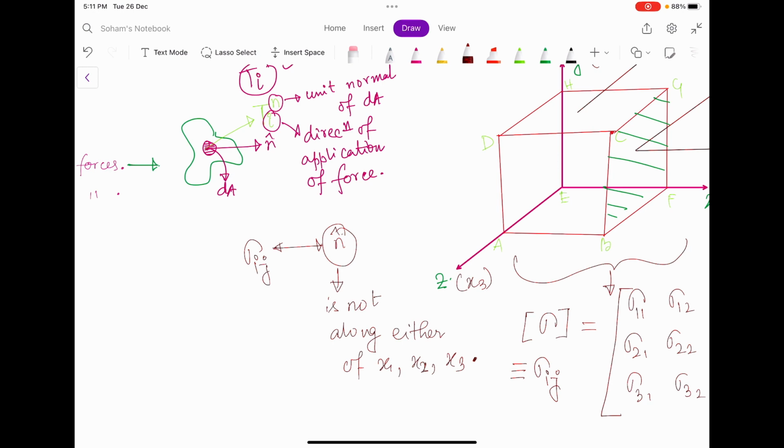Because sigma ij is only valid for surfaces having the unit normal along x1, x2, x3.